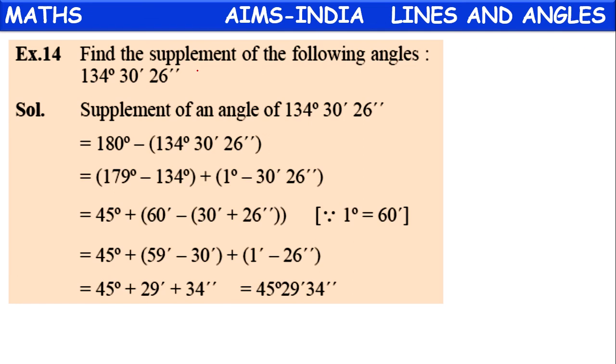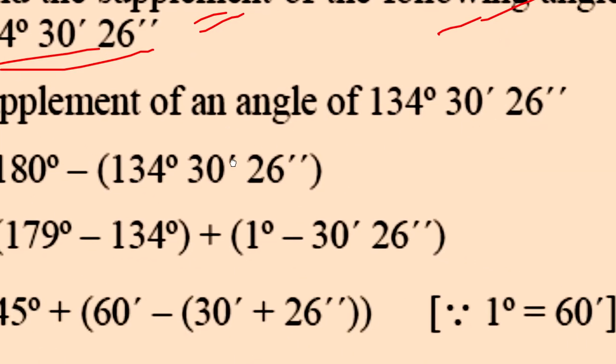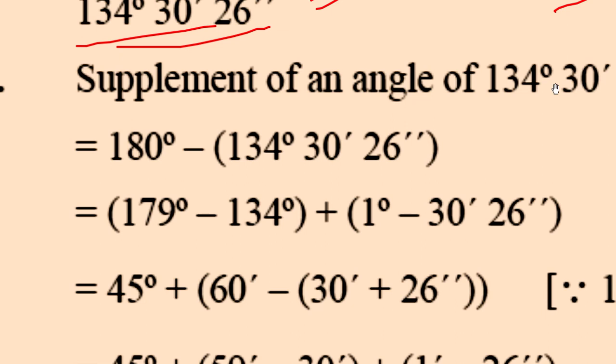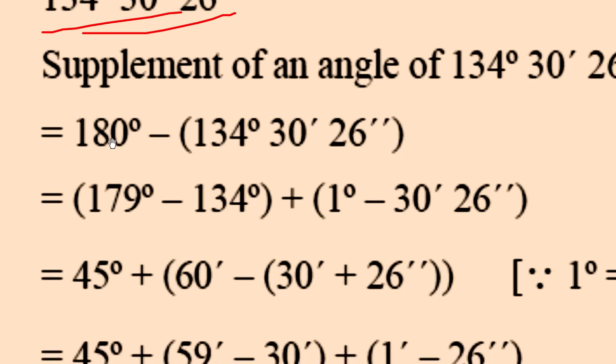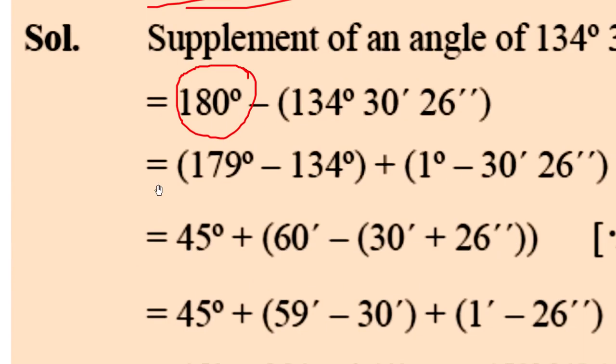Next one. Find the supplement of the following angles. We have to find the supplement. Supplement means 180 minus the given angle. So 180 can be written as 179 degrees plus 1 degree.